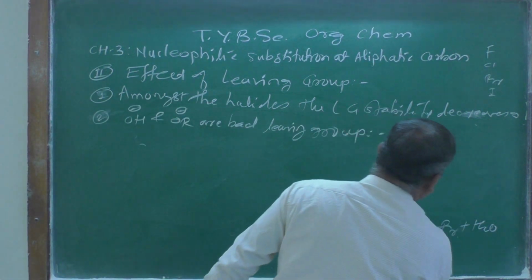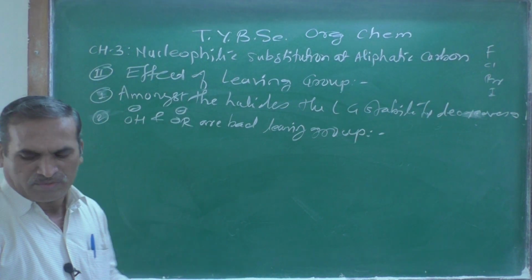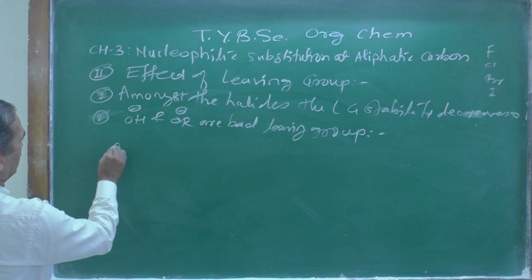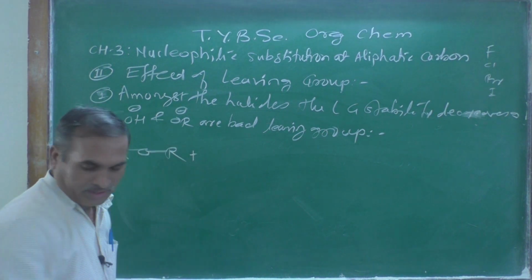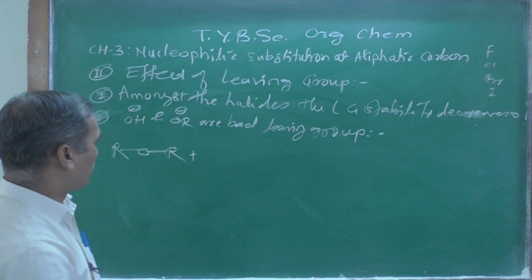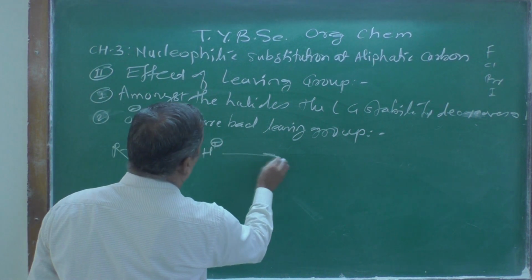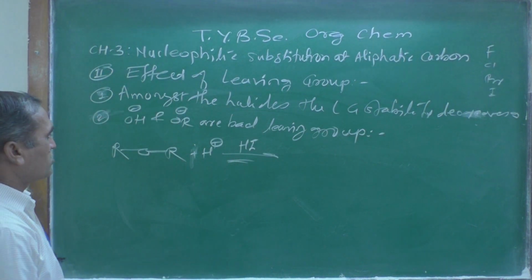Let us see, suppose we have an ether, RO R dash, that will be treated with H plus or HI, hydrogen iodide. What is going to happen?